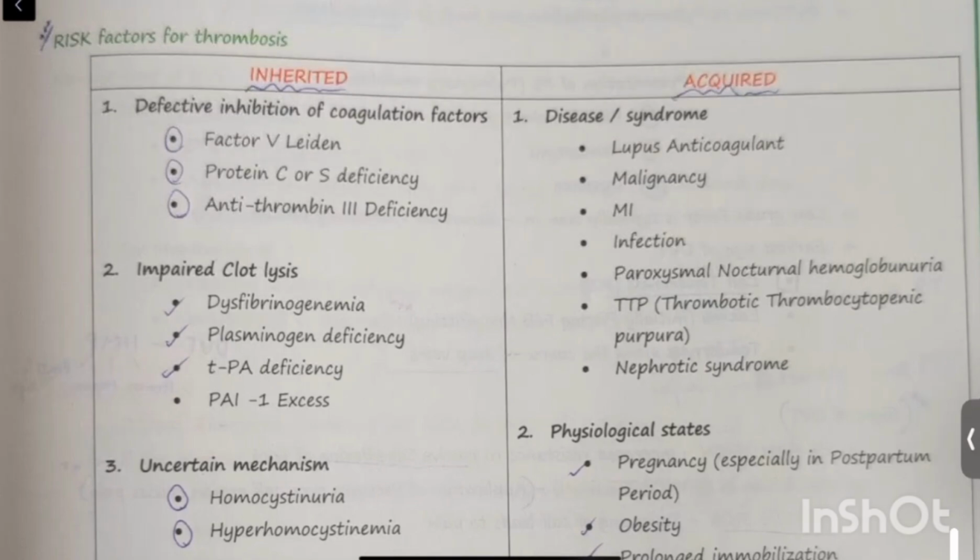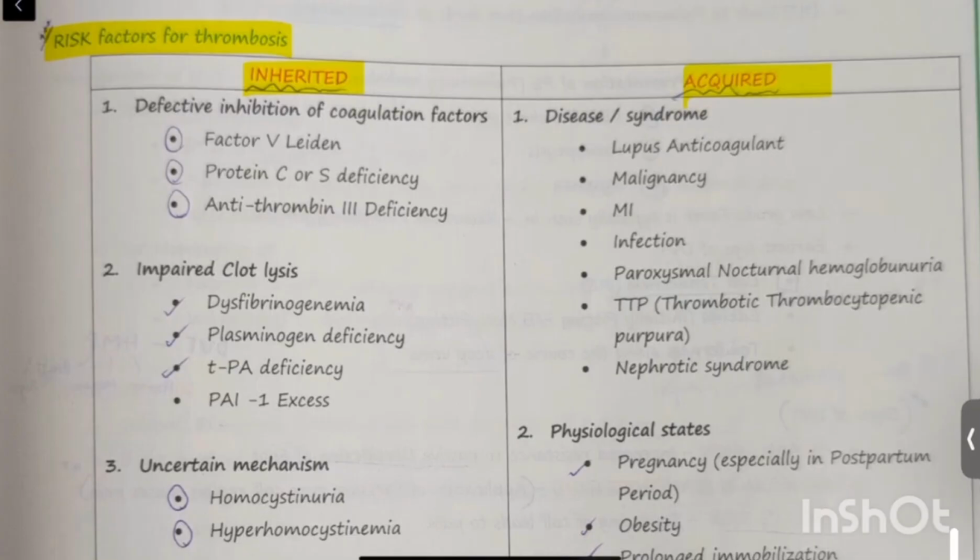What are the risk factors for thrombosis in general? Why does blood clot in the body in general? These risk factors for thrombosis can be classified as inherited and acquired. What are the inherited causes? There are certain clotting factors which help in clotting in our body.